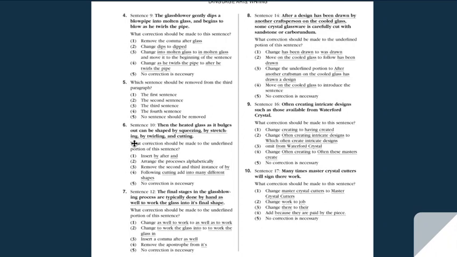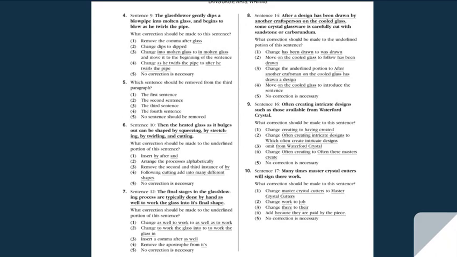Give yourself a second to figure out what is the best answer for this. Number 1 is the best answer for this. I hope you got that right. Then the heated glass as it bulges out can be shaped by squeezing, by stretching, by twirling, and by cutting. There you go. I hope you got those answers correctly.